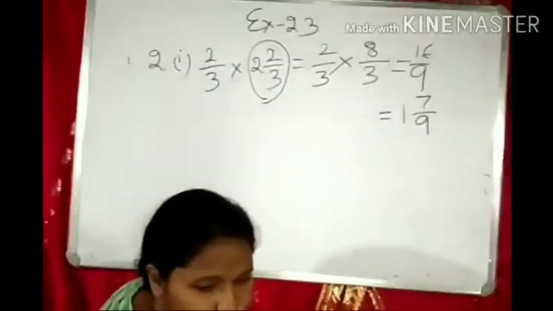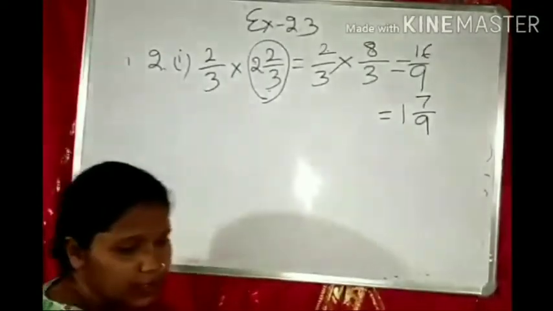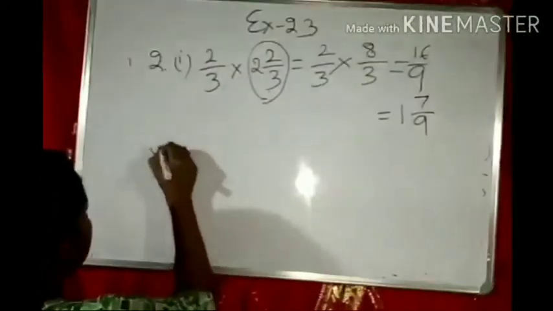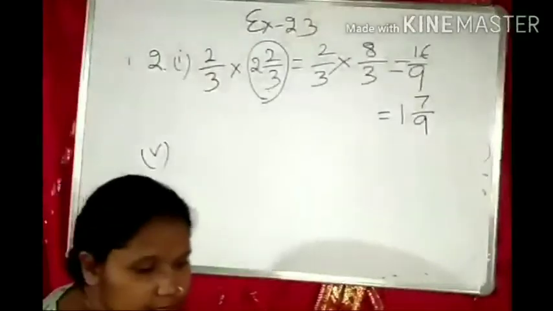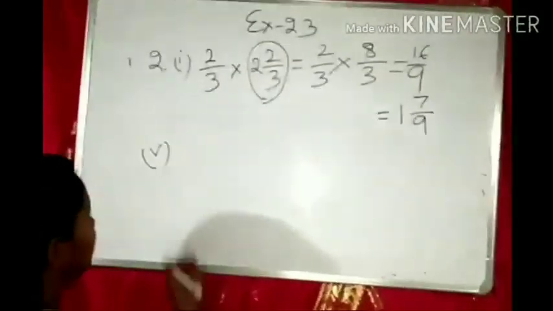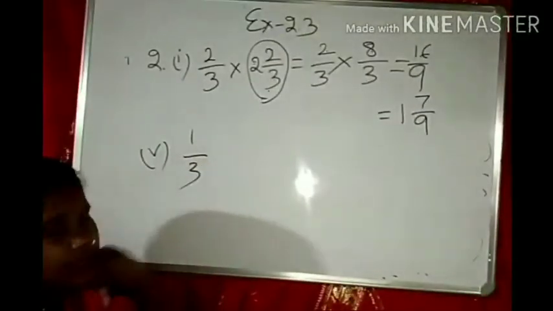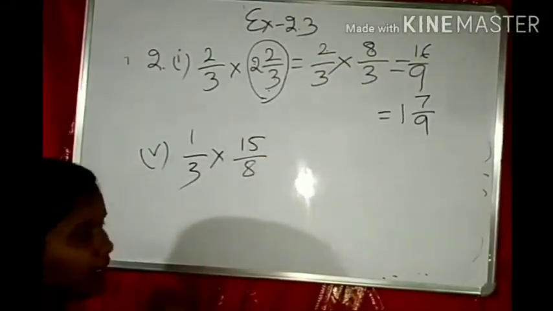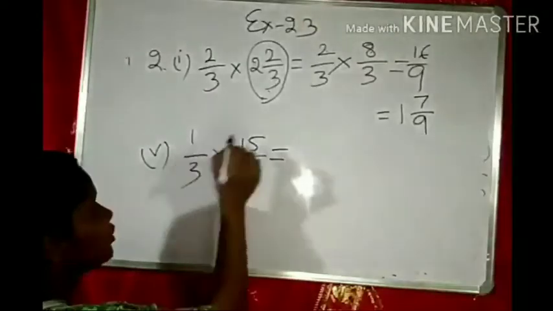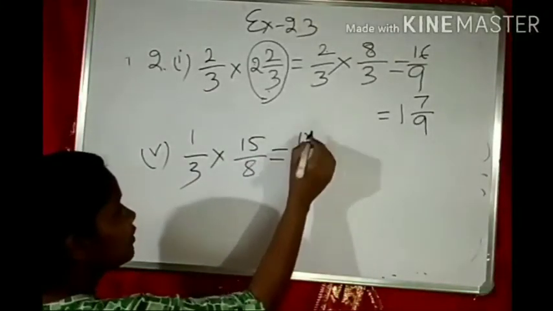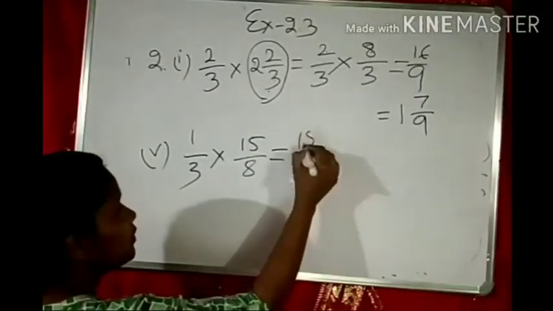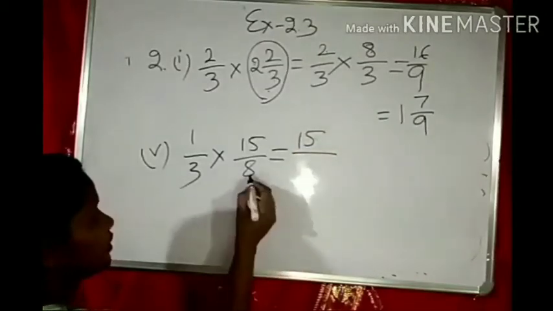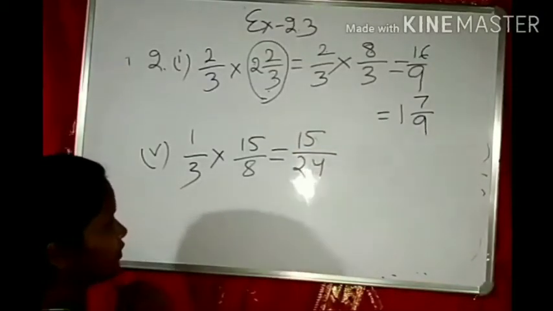Let's see another without a mixed fraction. Bit V: 1 by 3 into 15 by 8. Multiply numerator by numerator: 1 into 15 equal to 15, 3 into 8 equal to 24.